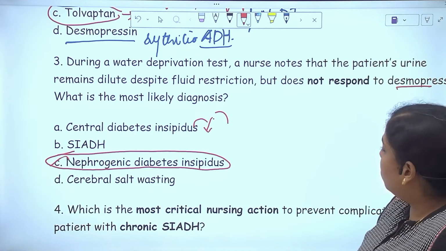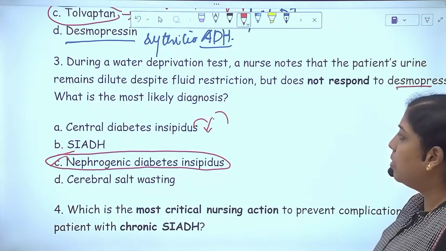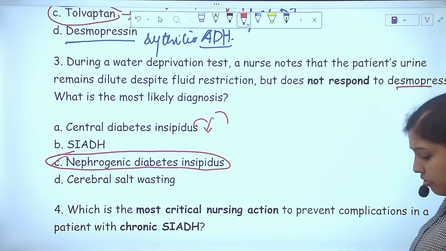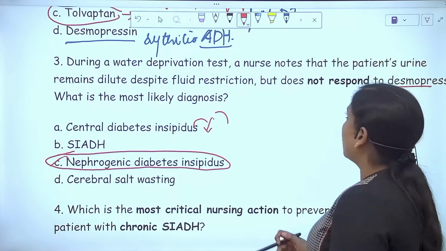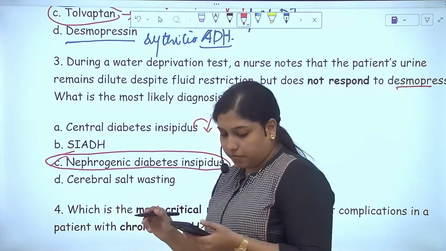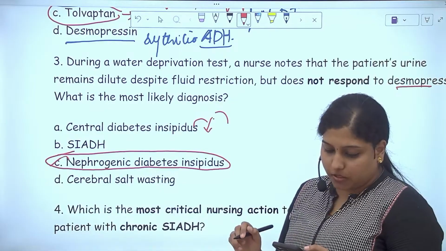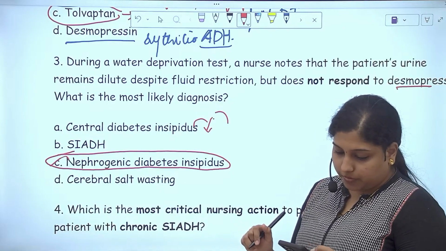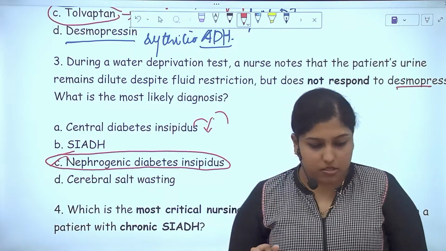In diabetes insipidus, we use the water deprivation test. So in SIADH, what test will we be using? Please put in the comment box what test we will be using in SIADH. I'm waiting for your answers.